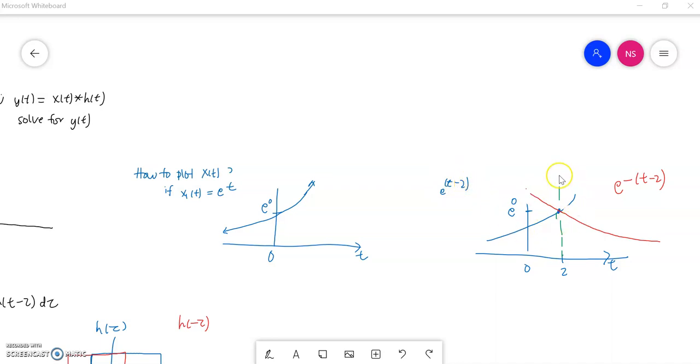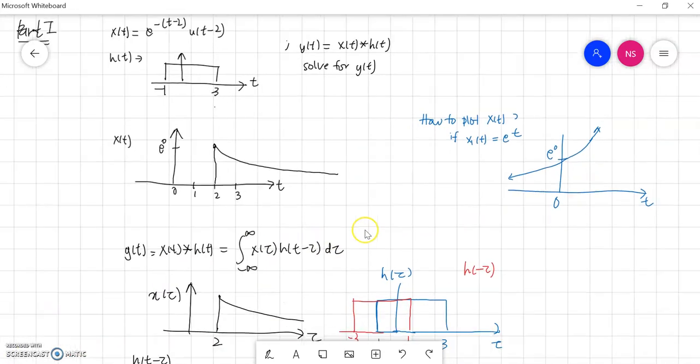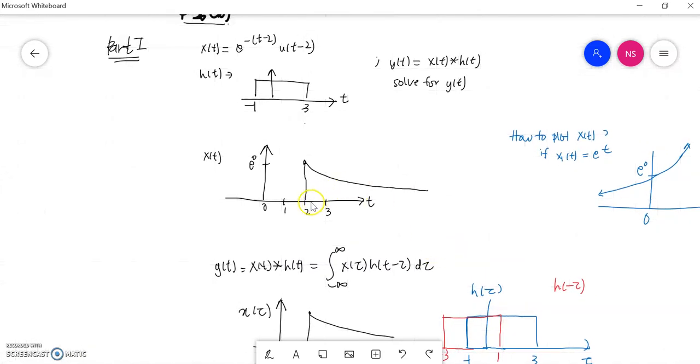Spend some time to analyze this, and I hope you understand. Finally, this is what I get for e to the negative (t minus 2) multiplied by a step function that is 1 for any values greater than 2. Multiply these two together, and you are left with this. Anything less than 2 is taken out; it's not included.